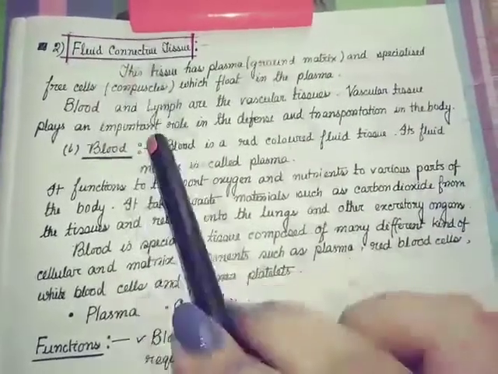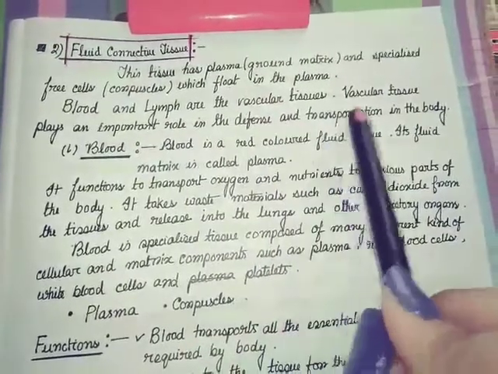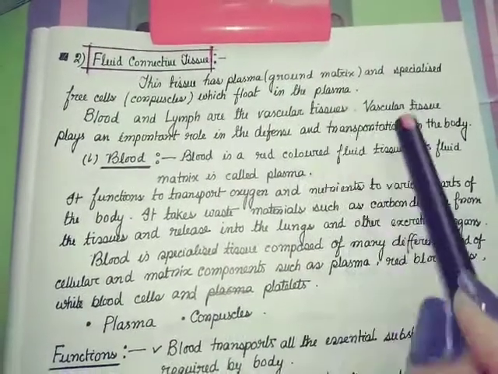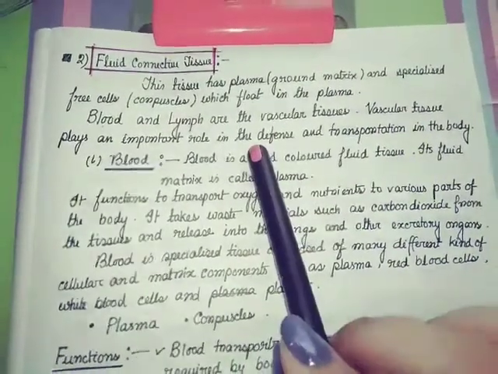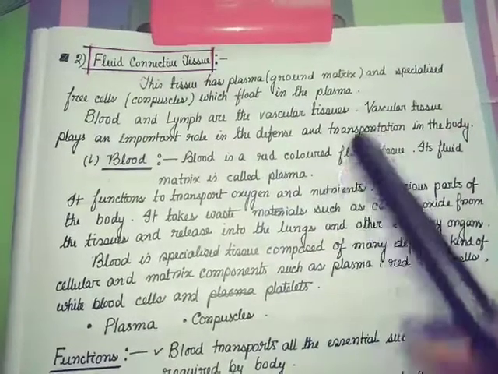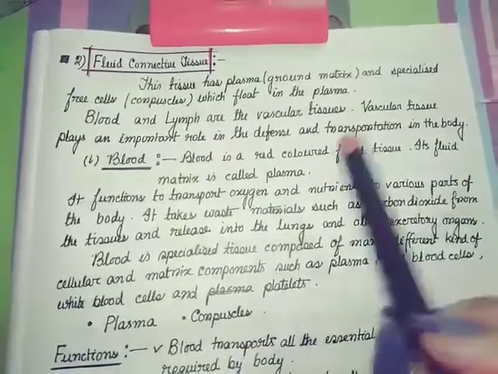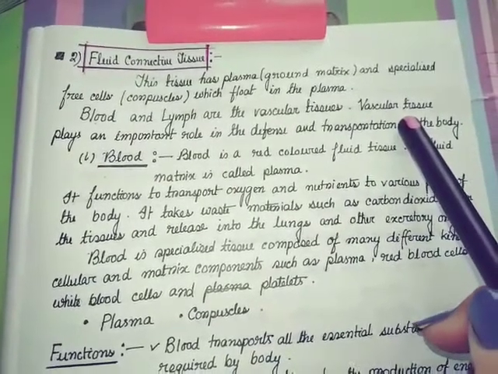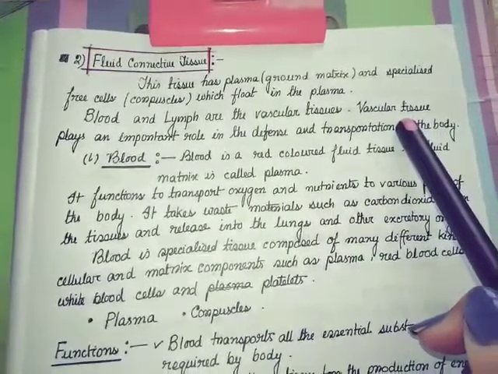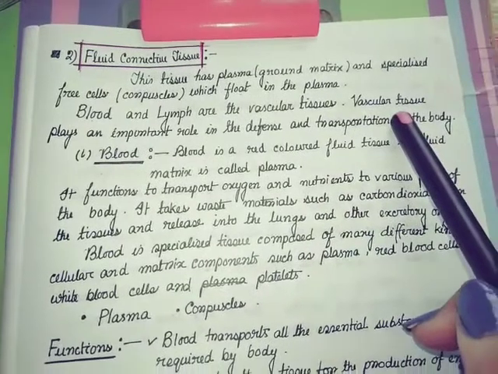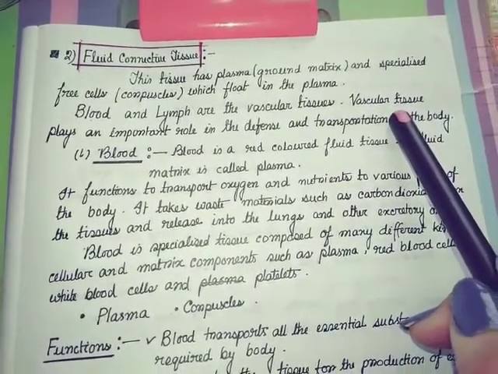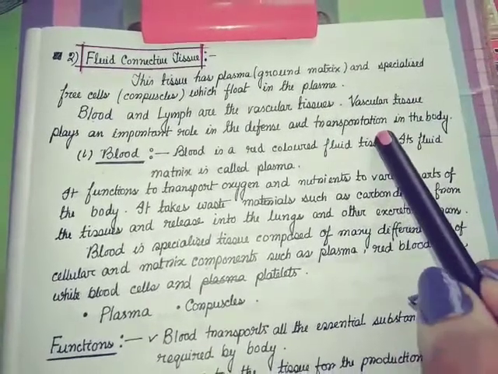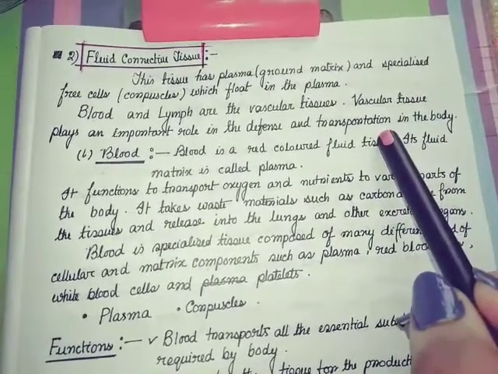Vascular tissue plays an important role in the defense and the transportation in the body. Okay, so first role, it is the transportation in the body, and it also provides the defense mechanism of the body. So transportation means we all know that the nutrient which we are taking by food is transported by this fluid connective tissue to the different parts of the body.